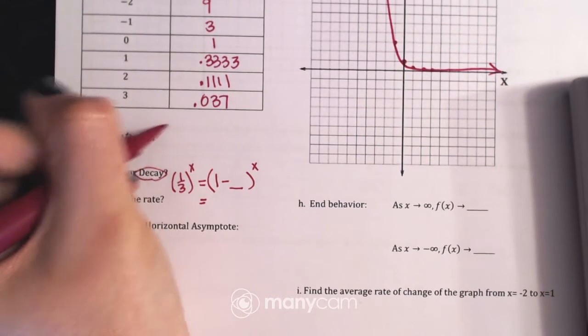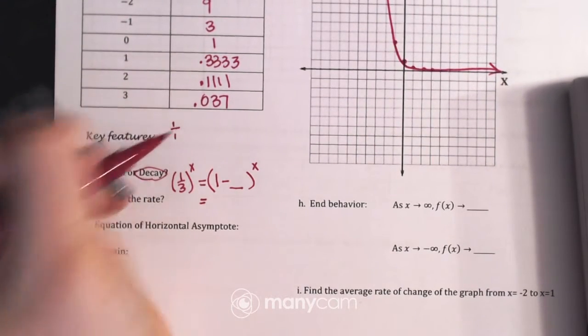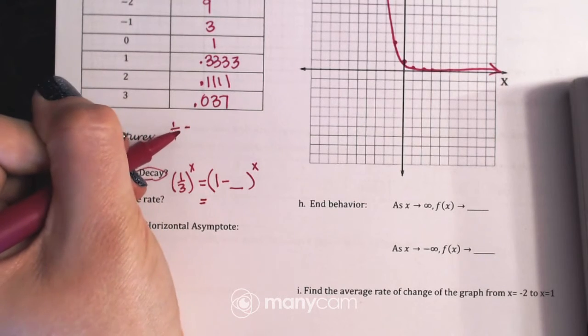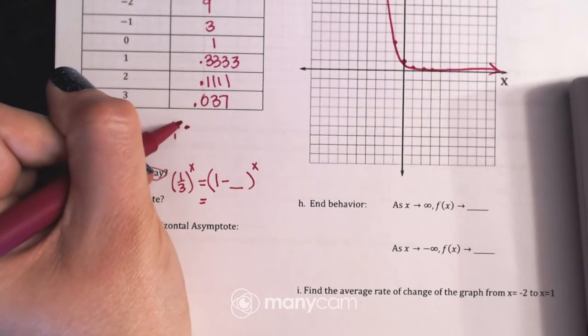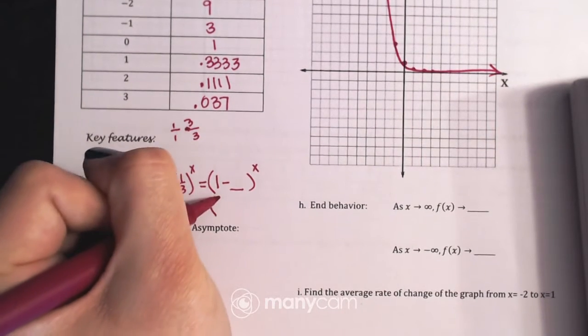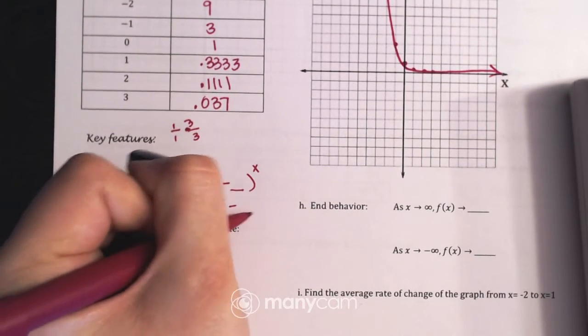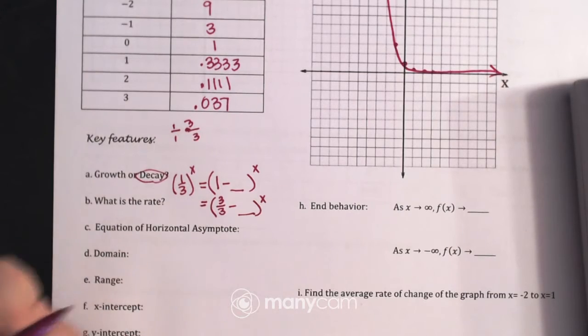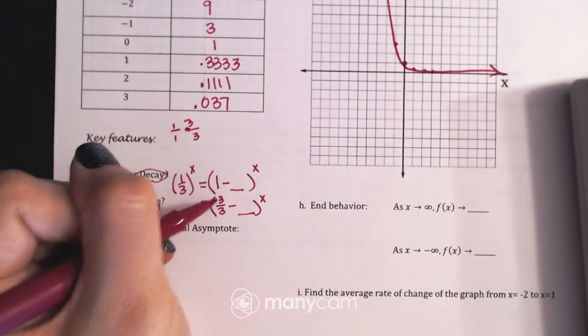So I know if I have 1/1, to get it to be a denominator of 3, I can multiply by 3 on the top and the bottom. 3/3 minus something to the x, because in order to subtract fractions, I would need the same denominator.